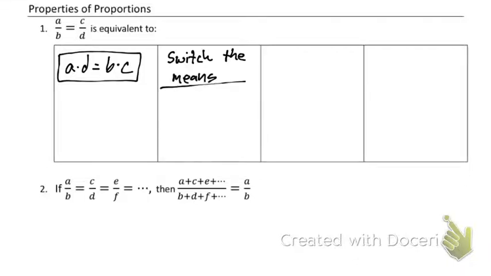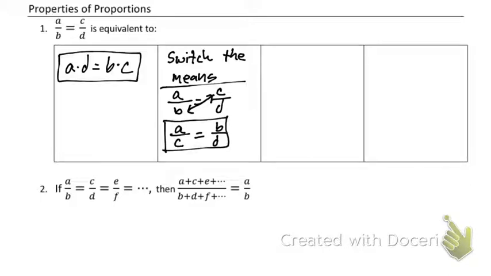If I had A over B equals C over D, we could just switch the B and the C, which would result in A over C equals B over D, and everything still holds true. We can switch our two means, and the statement is still true, as long as that first statement was true.